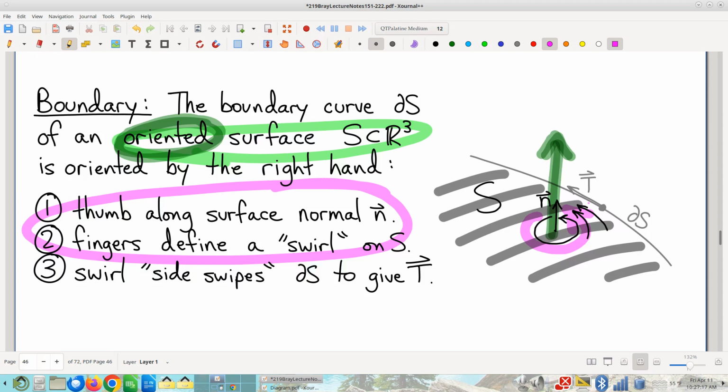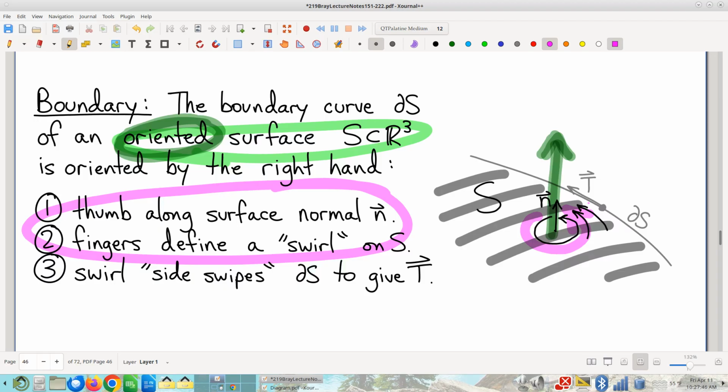So we're basically going to use the right hand again, and the rule, as I have circled there, is you point your thumb of your right hand in the direction of the surface orientation, that unit normal vector, the orientation unit normal. The fingers of your right hand, bending the way fingers want to bend, point in the direction of the swirl. Right, so that's how we identify that swirl.